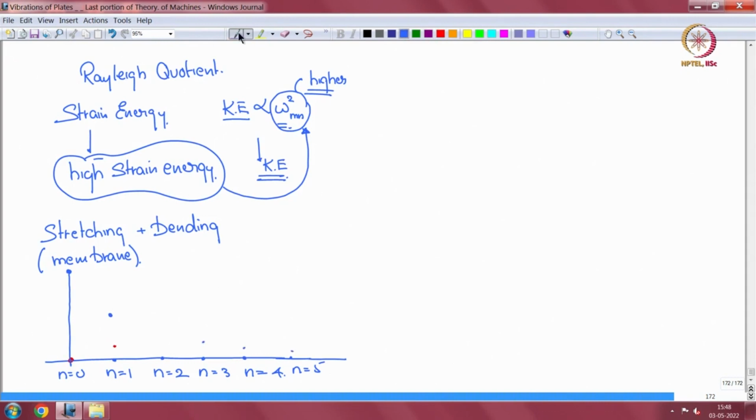Next, in n equal to 2, there is a little further less stretching and a little bit more bending. Similarly, with respect to others, stretching reduces and bending takes hold, more and more bending happens.